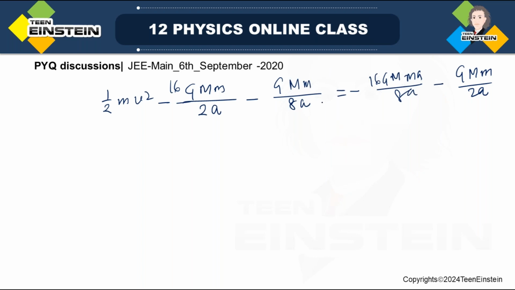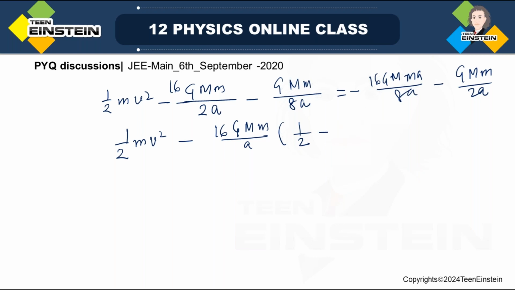Okay, so look now, if we simplify 16 GMm by 8A to A, you can write this as 16 GMm by A times 1 over 2 minus 1 by 8.